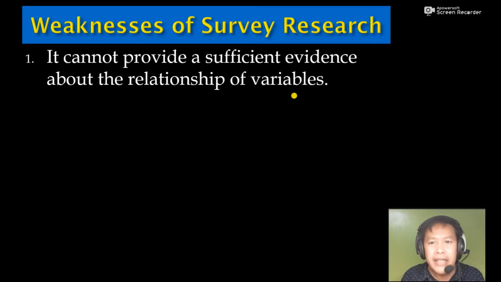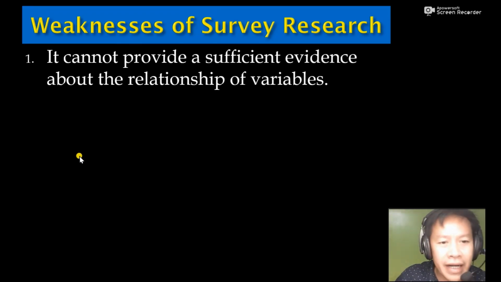That is why survey research cannot provide sufficient evidence about the relationship of variables, because the findings are not stable. Okay, it differs from time to time because survey research is talking about social science, and social science is dynamic. It means it undergoes change. There is nothing permanent in this world except change. It means that change always comes. Change is coming, according to President Duterte.